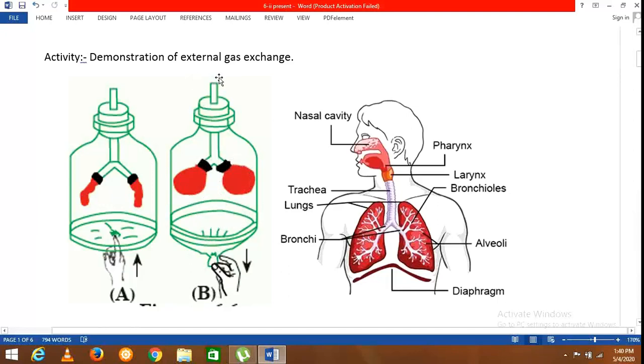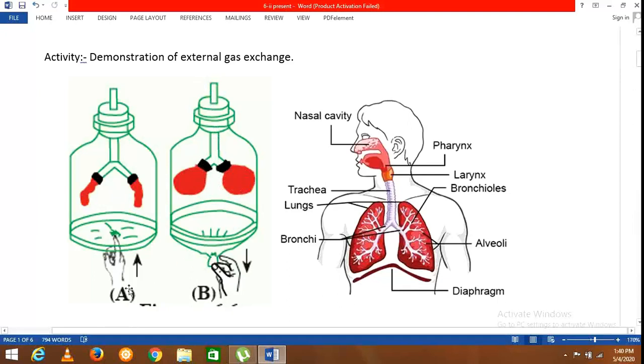Therefore, air comes in through this Y-shaped tube, which in a real scenario is the trachea. So air comes in and the two balloons which represent the two lungs get inflated. The lungs are filled with air.